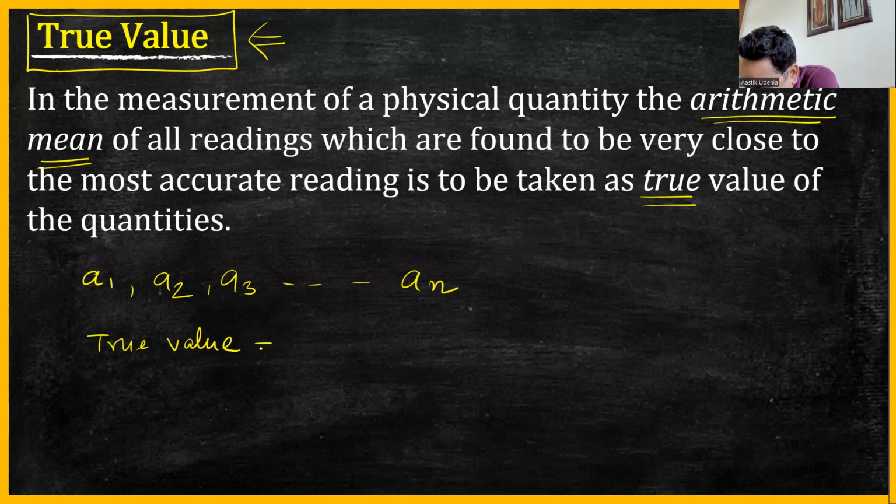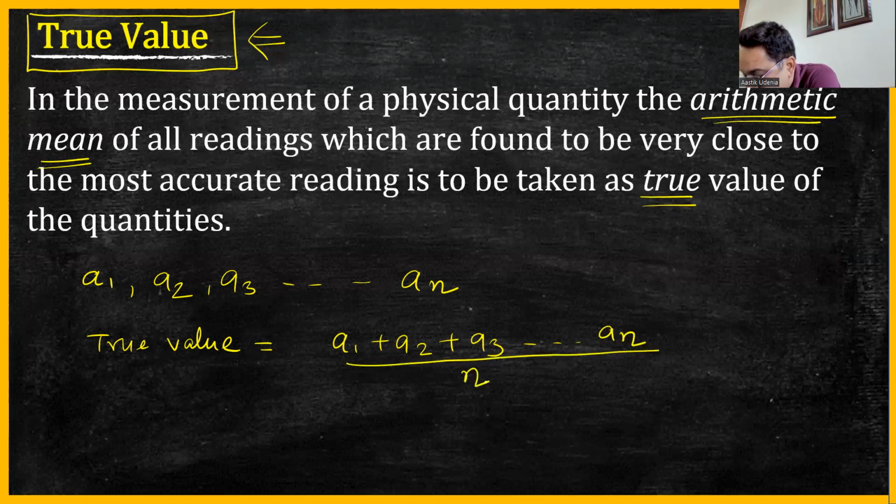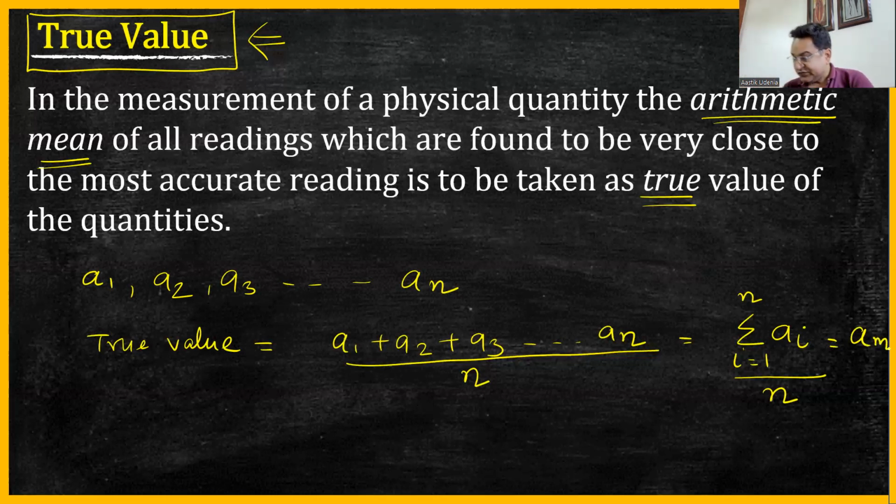True value of that thing would be taken as A1 plus A2 plus A3 up till AN divided by N, or I can write it as summation of AI from I equal to 1 to N divided by N. You can also call it AM, average value.